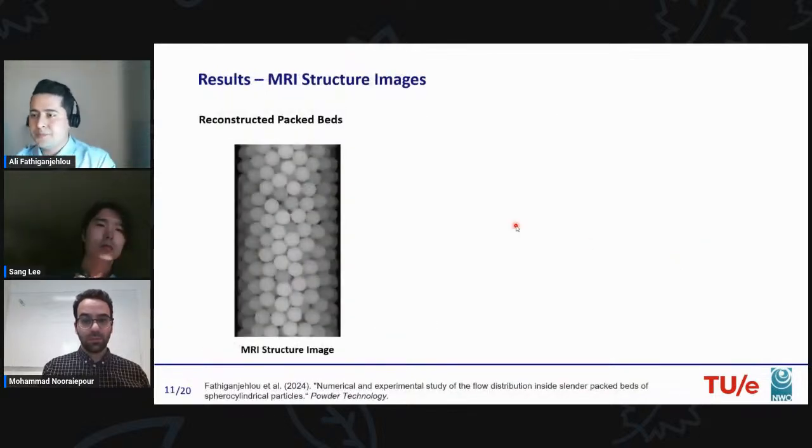So here you can see a structure image of the packed column imaged using MRI. From this 3D structure image, we can obtain a PNM. We tried this, but we noticed that because of the resolution limitation of MRI, the obtained pore network model was not of high quality. So we decided to take another approach.